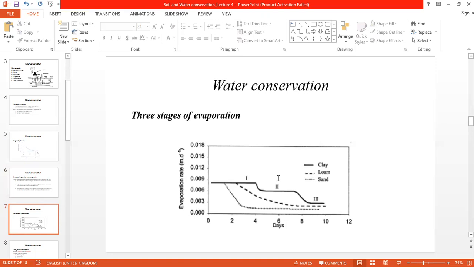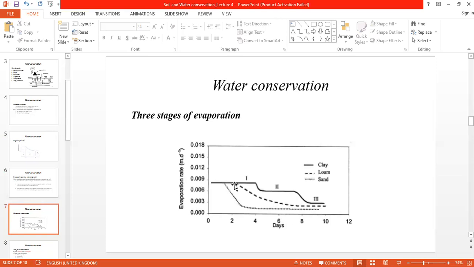If we started from a very wet soil, a soil which is saturated with water, and the sunlight is kept at a constant rate, the water will be heated at the same rate, and the evaporation will start at the same rate because there's a lot of water already in the soil.